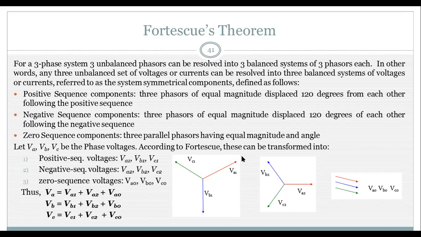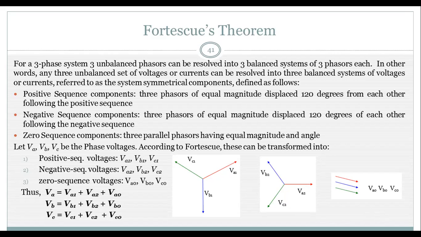If the original system phase sequence is ACB, then for the negative sequence symmetrical component the anticlockwise phase sequence should be ABC, and it is denoted by suffix 2. And finally, the zero sequence symmetrical component: their magnitudes are the same, and their angular displacement is 0 degrees, meaning they all have the same value.